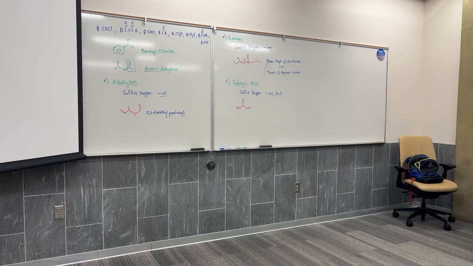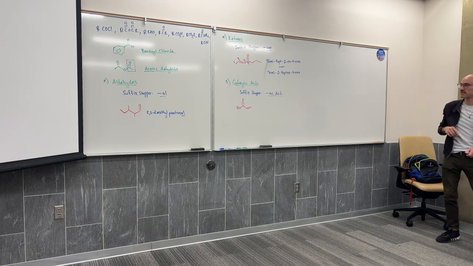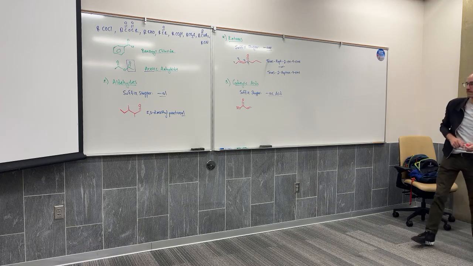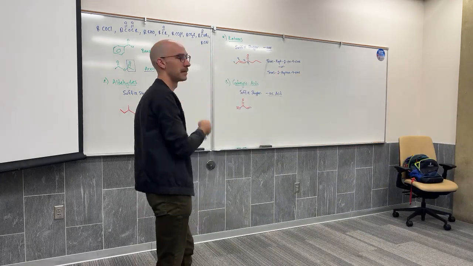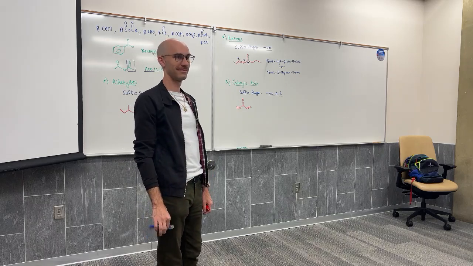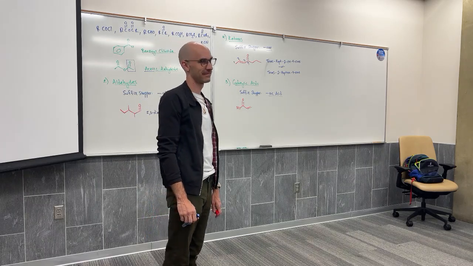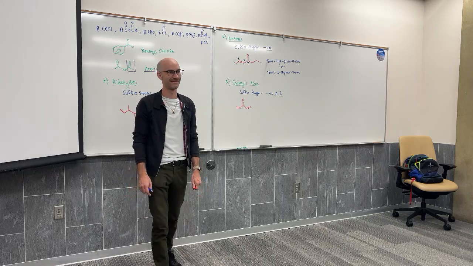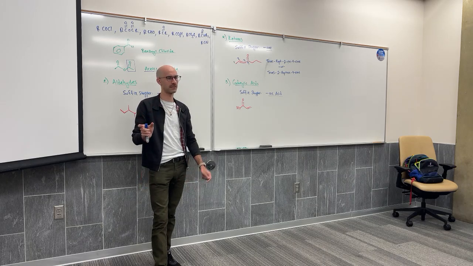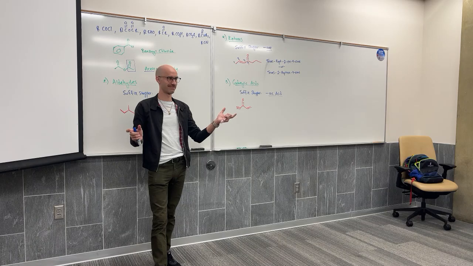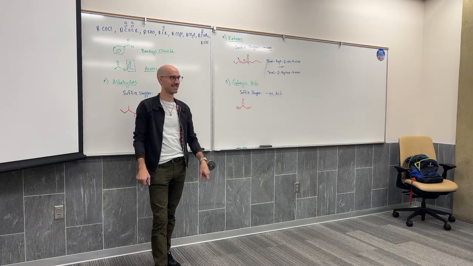All right, what would you name this? Yep. I don't think it's propanoic acid, because that doesn't have the alkene. Okay, so what can you change propanoic acid to? Propenoic acid.